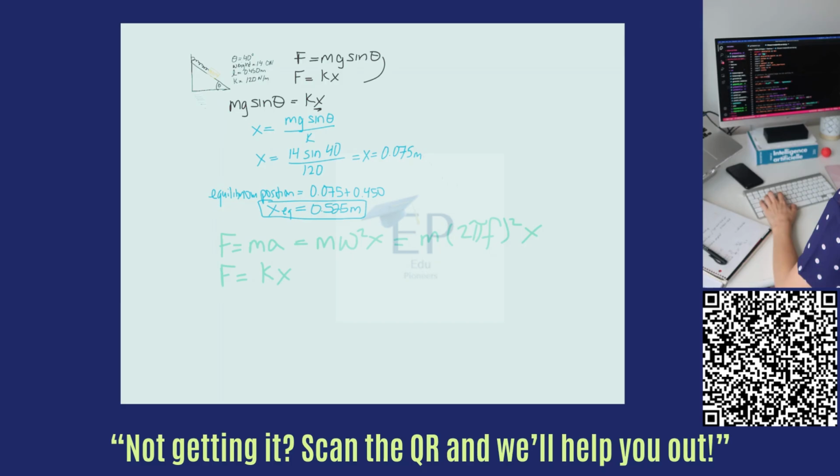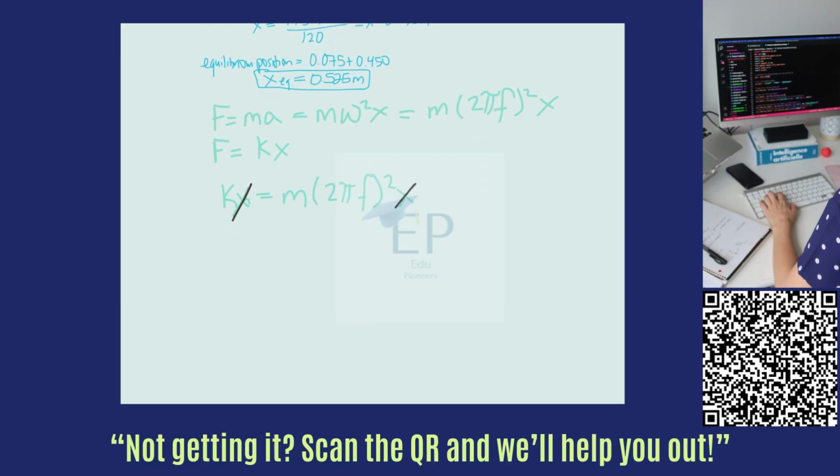And we can put those two equal to each other, so we have kx equals m (2 pi f) squared x, and our position terms will easily divide out, so we can ignore those two, leaving us with the equation k equals m (2 pi f) squared.